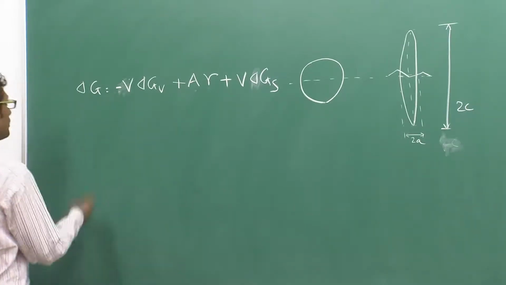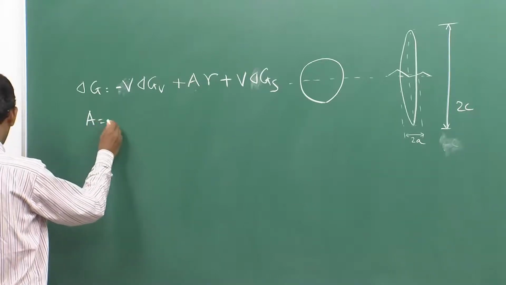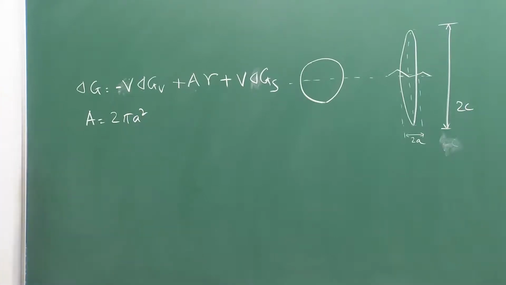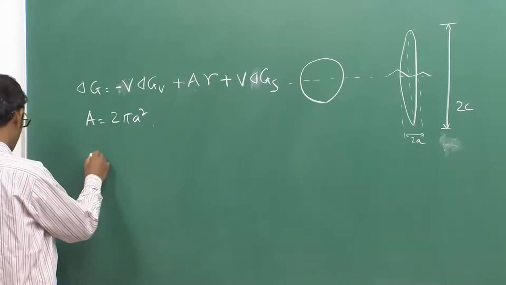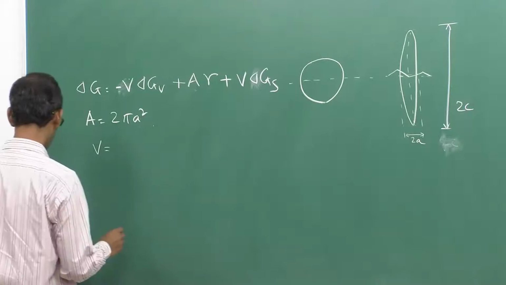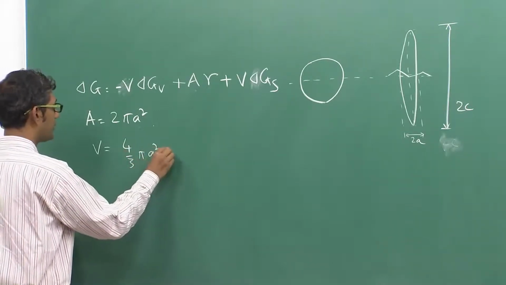That is what I have done. So I will write that area is equal to twice pi A square. Okay, that is possible to calculate for the area of the ellipse, and volume is equal to 4/3 pi A square C.